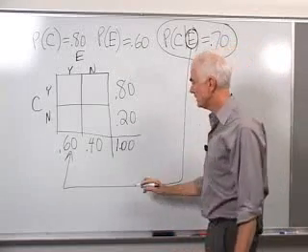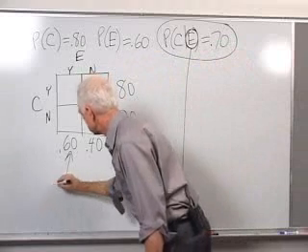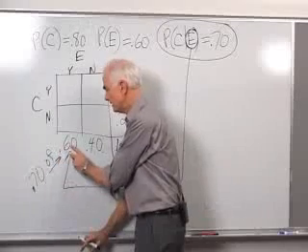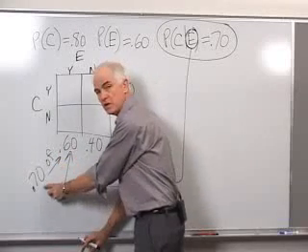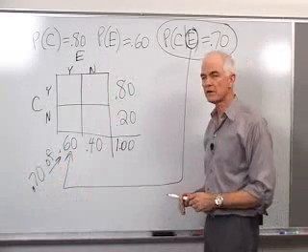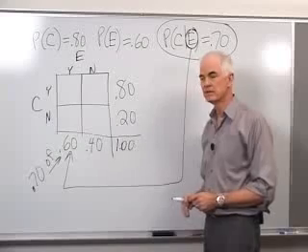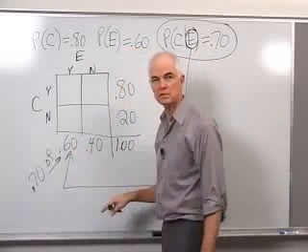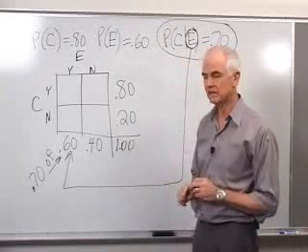So let's come down here and take 70% of the 60%, because 70% of the 60% have a college degree. Most of us learned very early in our education that if we're taking 70% of some other number, we do this by multiplying, and that's the case here.